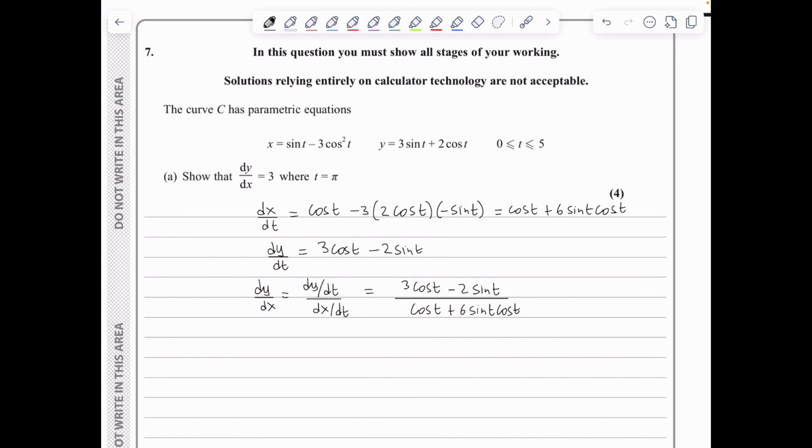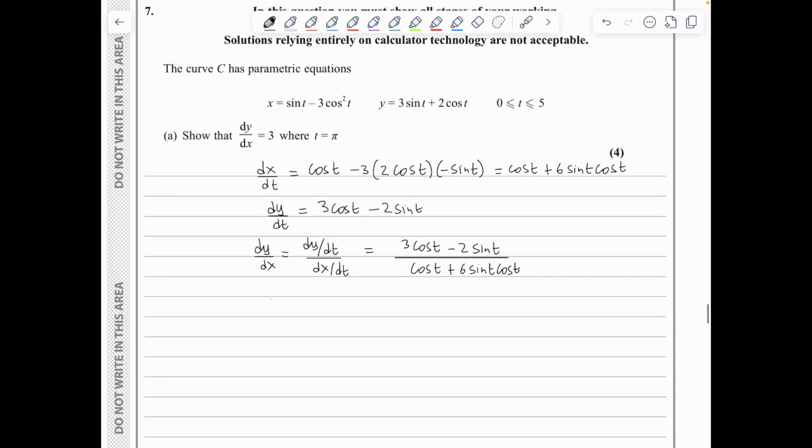I will be substituting t is pi, so we're looking at dy/dx at t is equal to pi, which gives me 3 cos of pi minus 2 sine of pi over cos of pi plus 6 sine pi cos pi.